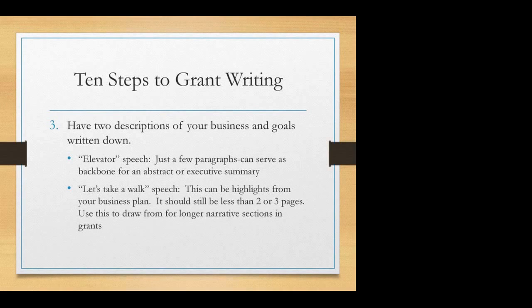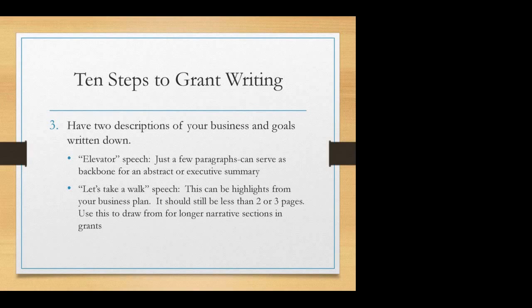Okay, so back to the steps. Step 3 is have two descriptions of your business and goals written down. If you don't have a business plan, this is something to have, because there's going to come a time that you'll find something that you want to apply for, or you're trying to describe your business to someone, and this is handy. Have an elevator speech.